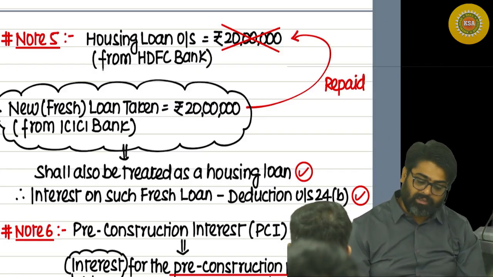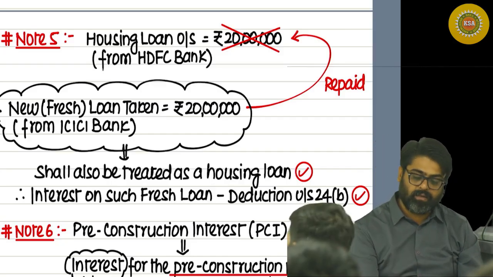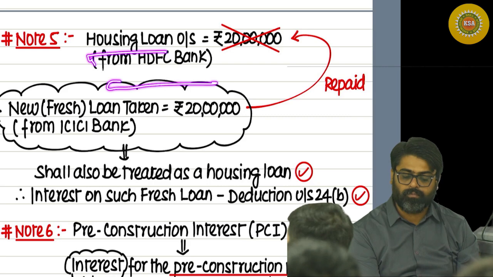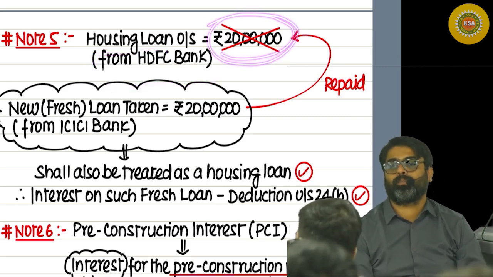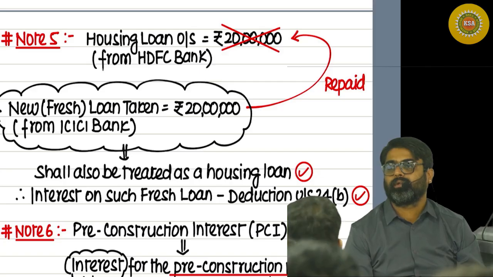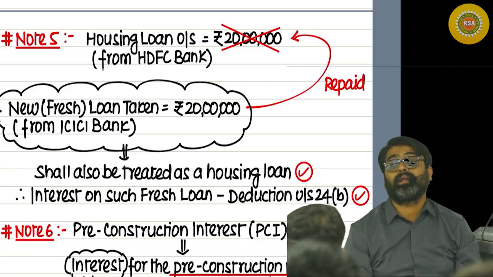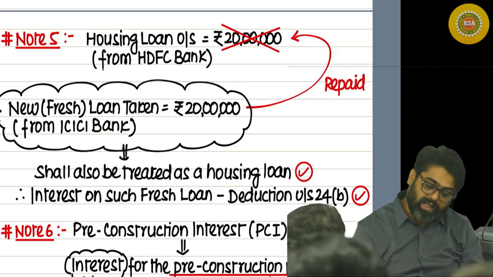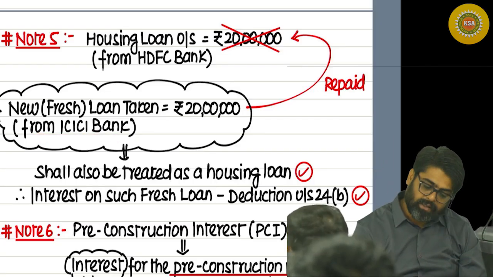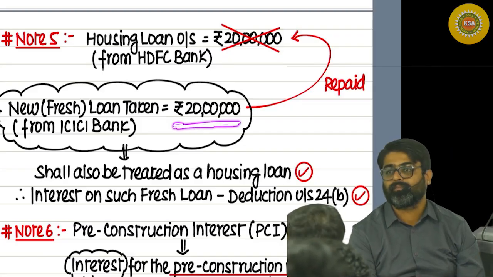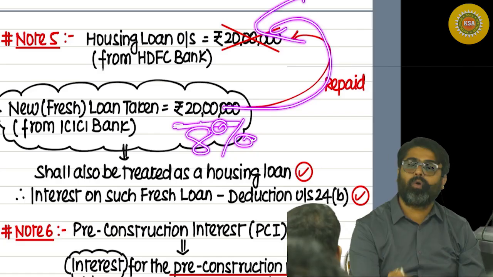So you approached ICICI Bank and told them, bank, I have taken a housing loan from HDFC Bank which is still outstanding, amounting to rupees 20 lakh. Can you do something for that? Because on that I am supposed to pay 12% interest. So ICICI Bank is telling you, don't worry, take a 20 lakh loan from us at 8% and repay your old loan.